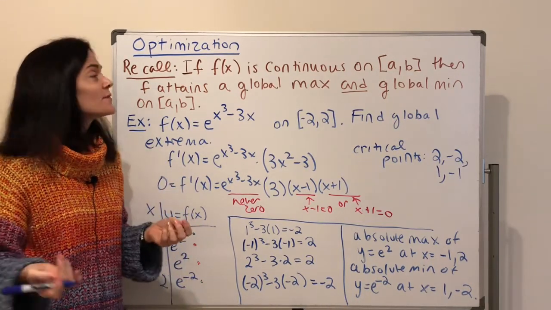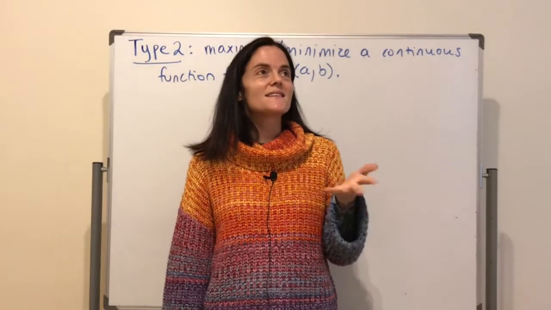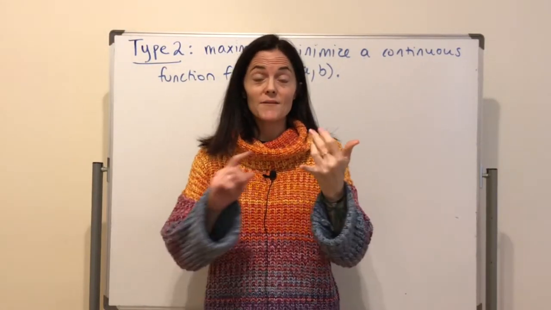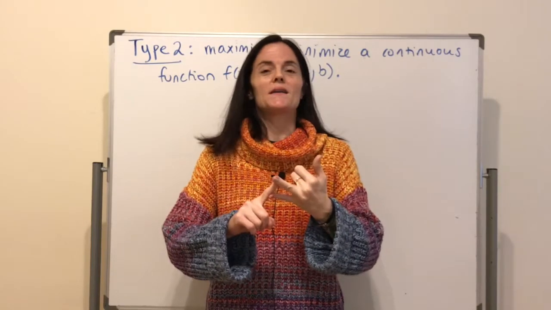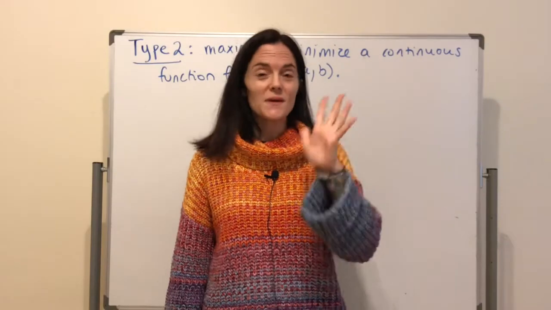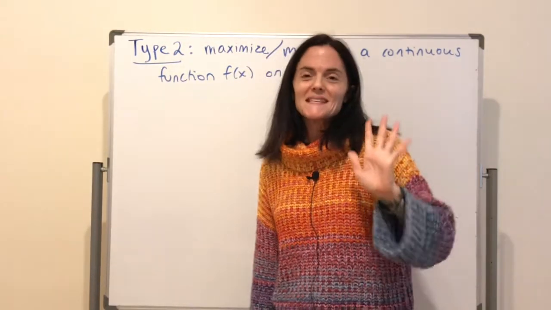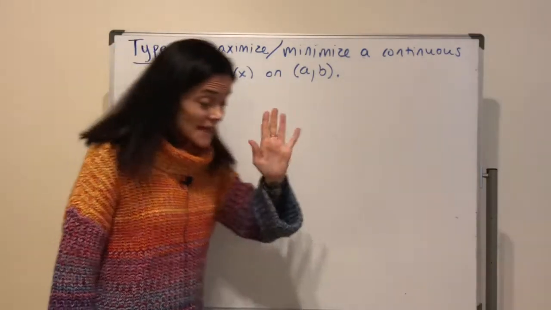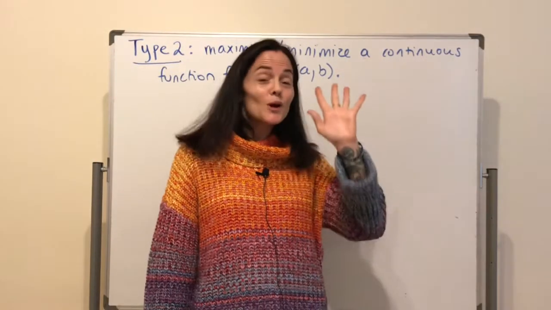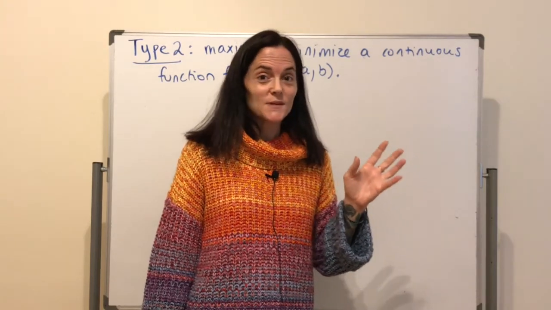The extreme value theorem that guarantees you have a global max and global min for a continuous function on a closed interval is what our text calls type 1, talking about optimization. Now, in many applications, the word problems we will see today, we're not working on a closed interval.